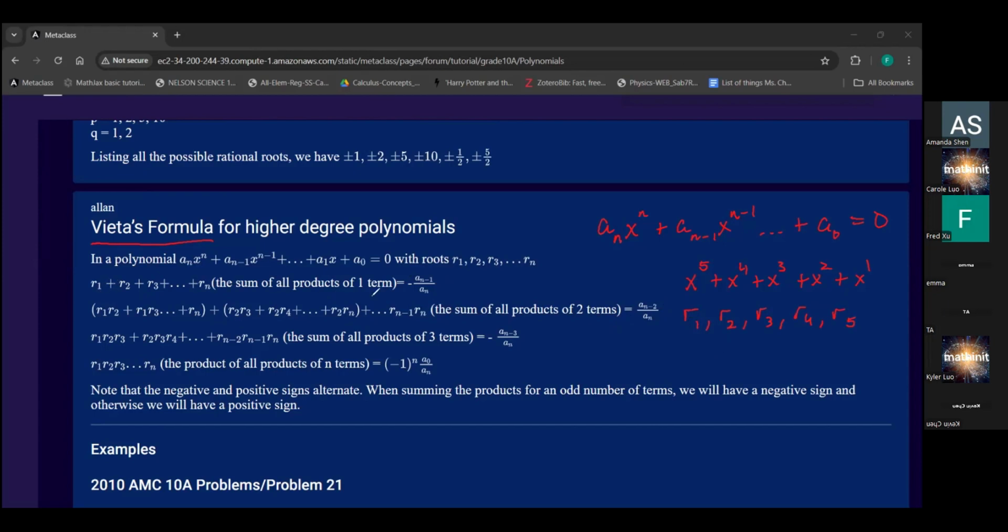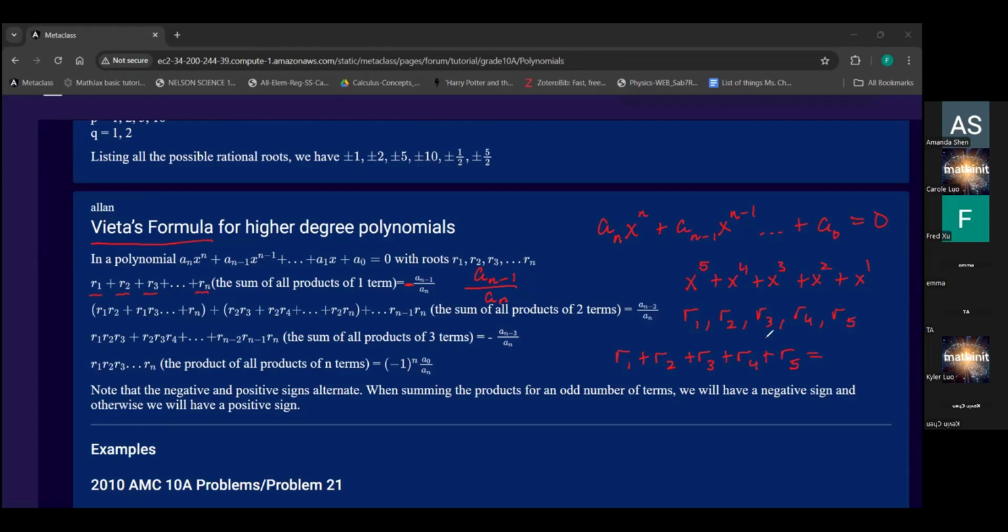So we have the sum of all of the terms. So we have R of 1 plus R of 2 plus R of 3 all the way until R of n. So we can write this using this example. R of 1 plus R of 2 plus R of 3 plus R of 4 plus R of 5 should be equal to the negative of A of n minus 1 over A of n.